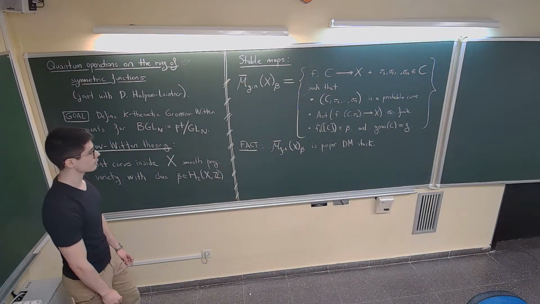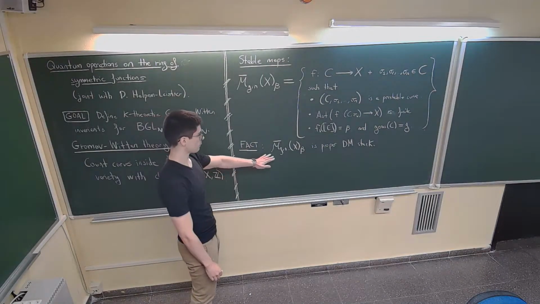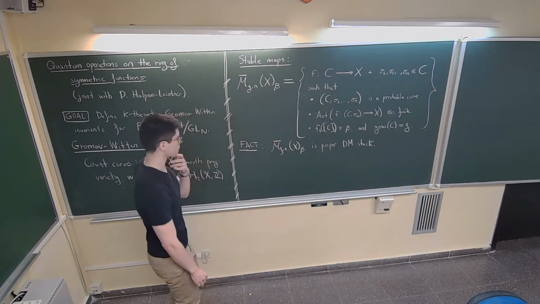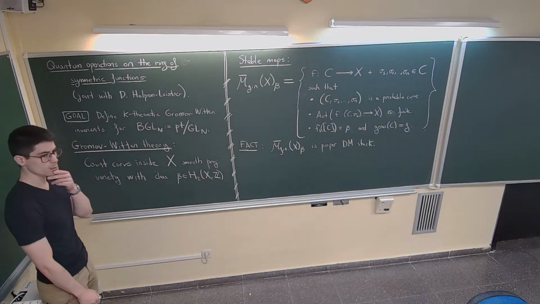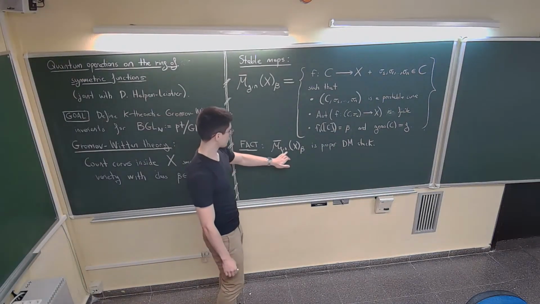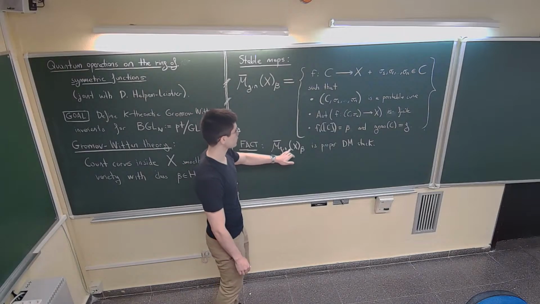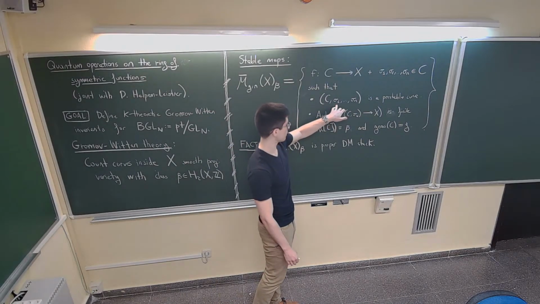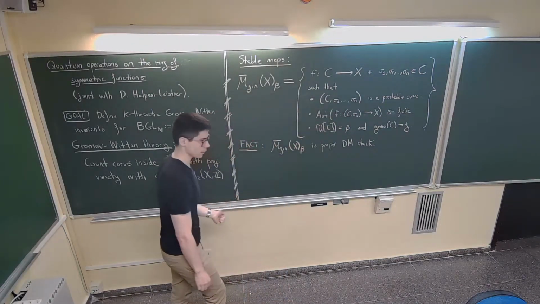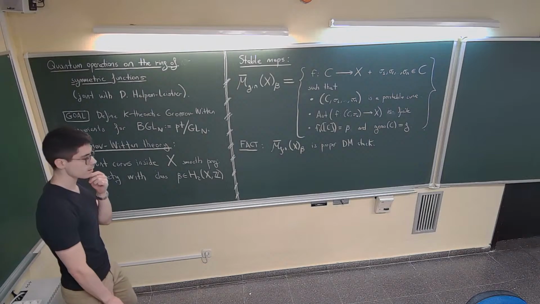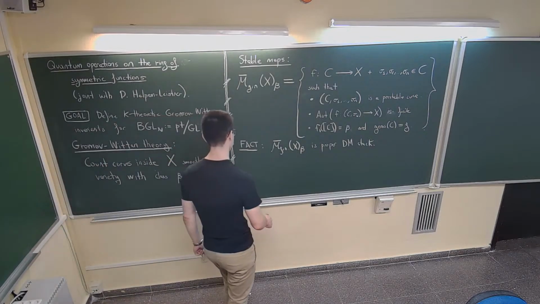You can see that as the number of curves in class beta inside of X with some given genus and some marked points. The idea of the marked points is that sometimes we may want to impose certain conditions, like requiring that the curve intersects certain subvarieties at given points, and that's done by inserting homology classes via the evaluation morphisms. So let me say a bit about how the evaluation morphisms work.